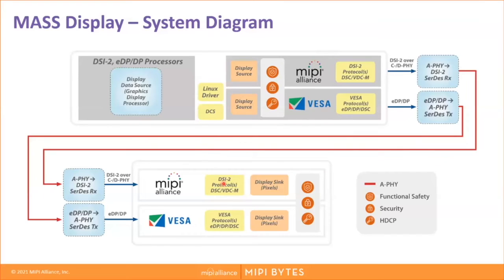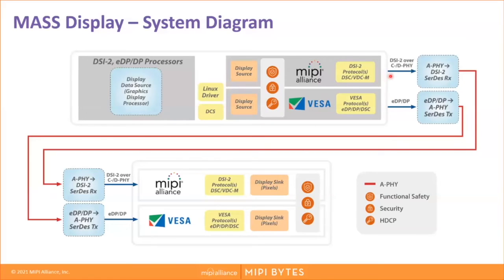And finally, the bottom part of the diagram has the display portion of it. Let's go back to the top here. The ECU generates a display using two different potential protocols. Obviously, it can do the MIPI DSI-2 protocol using compression, and it has the display source that supports security, functional safety, and the ability to ensure that it's recovered correctly on the display.